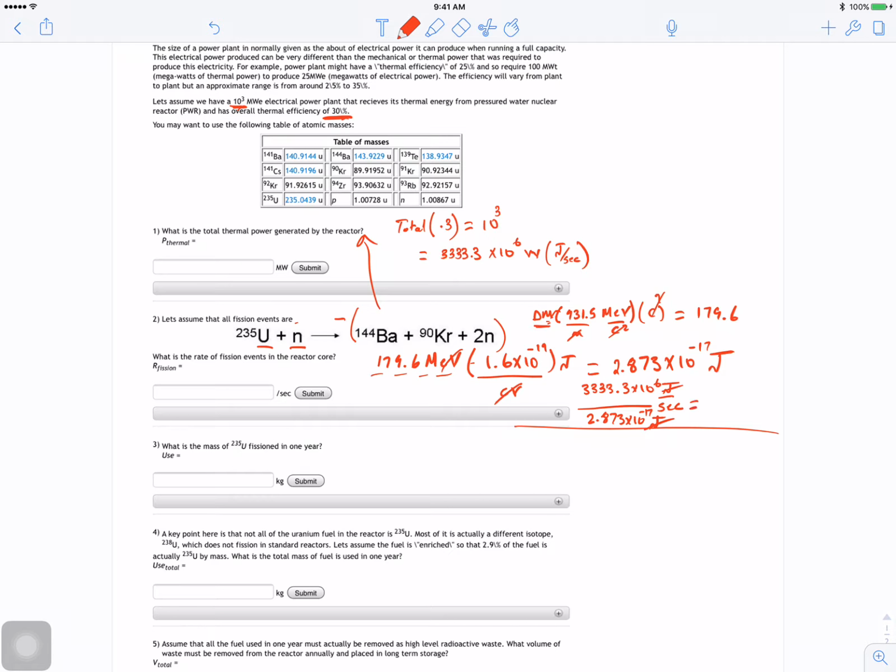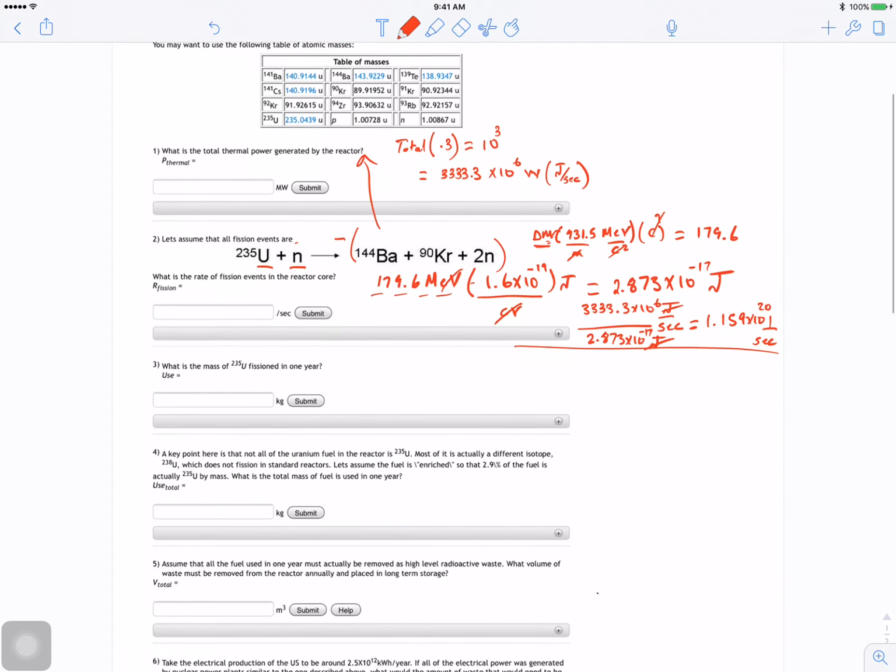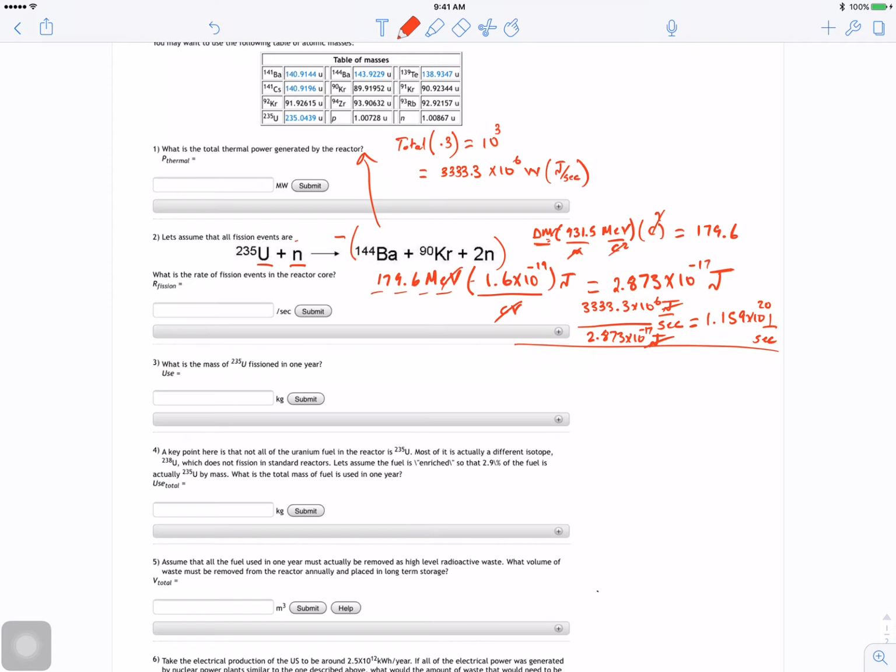Take out the joules, and we get a unit of 1 divided by second, which is 1.159 times 10 to the 20, 1 divided by second. Cool. It's just unit manipulation. You don't even have to understand what we're doing; if you understand units, you can get the answers.